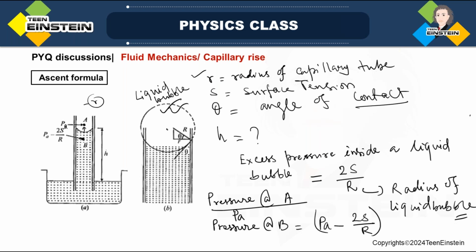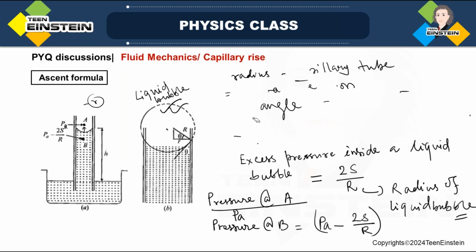So at this condition, that excess pressure will drag the liquid up to this much height. And what can we say about hydrostatic pressure? Hydrostatic pressure h rho g will be exactly equal to the excess pressure over here. Let me clean this portion. Due to this excess pressure, the liquid will be dragged through the narrow capillary tube up to this height h.